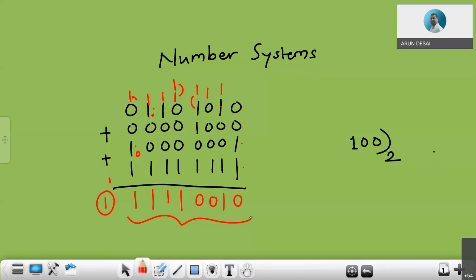So this is how you can use binary arithmetic with the given rules. Earlier we talked about how addition and subtraction work for binary numbers, and how those rules are applied is given in this example, right?